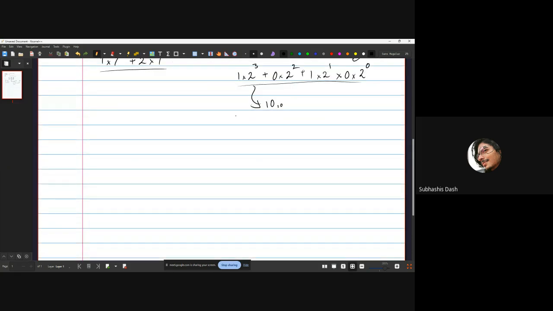So I'll just give you one question. Let's say I have 279 in base 10, and I want to convert this into an octal system, a base 8 number. So what can I do?